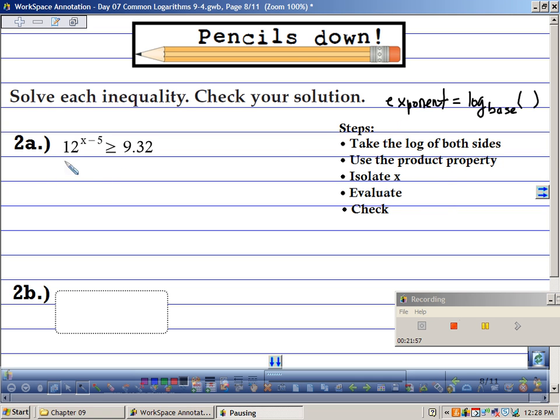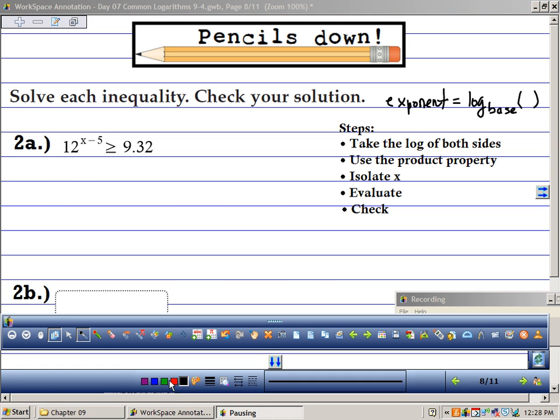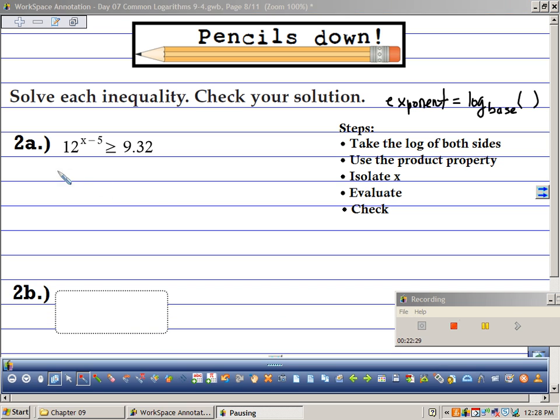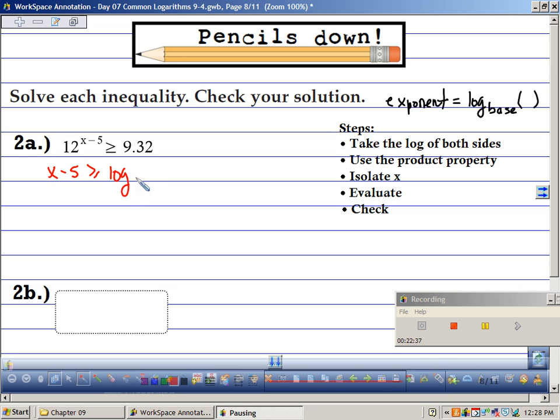All right, so what would I put on this side of the inequality sign? X minus 5 is greater than or equal to log, what's my base? 12, 9.32.